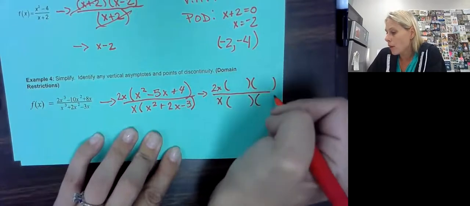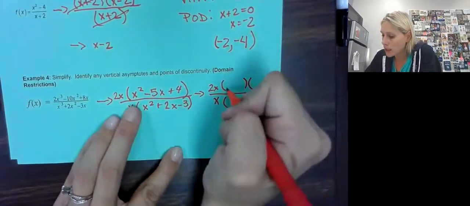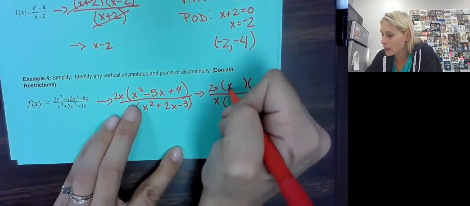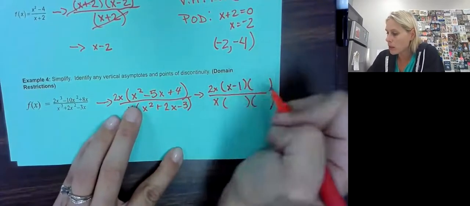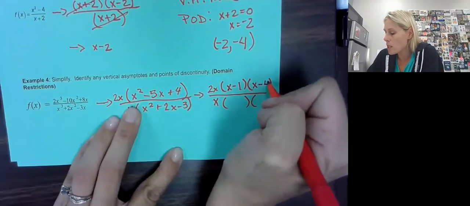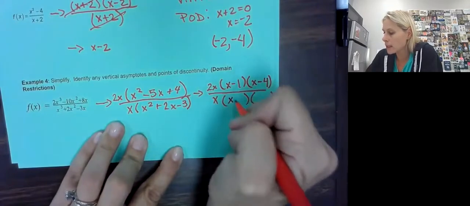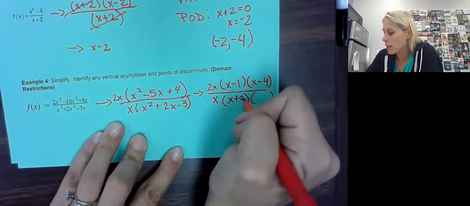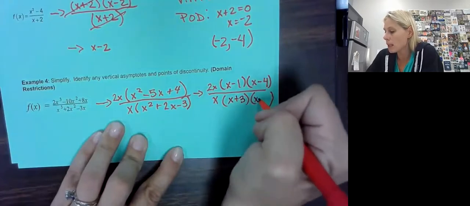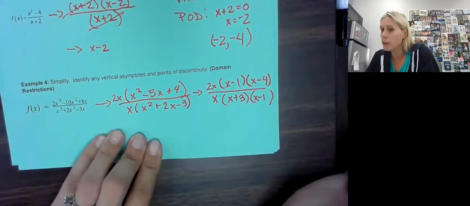Okay, so if I were to factor this quickly, I would see that this would be x minus 1 times x minus 4. The bottom one down here is x plus 3 times x minus 1. Again, you guys can use your box, your grouping, whatever you need.